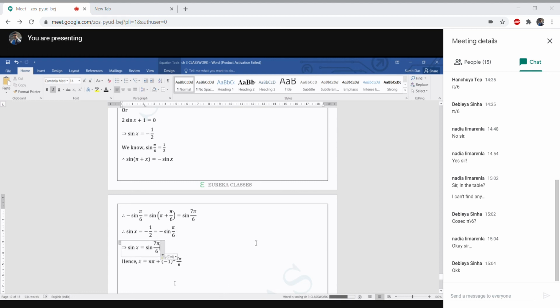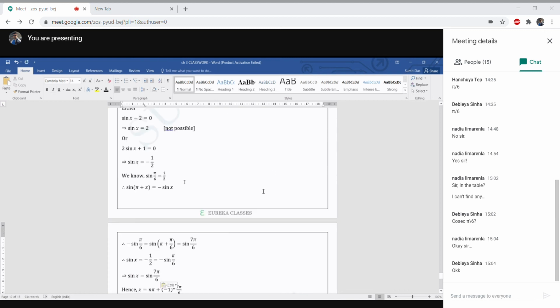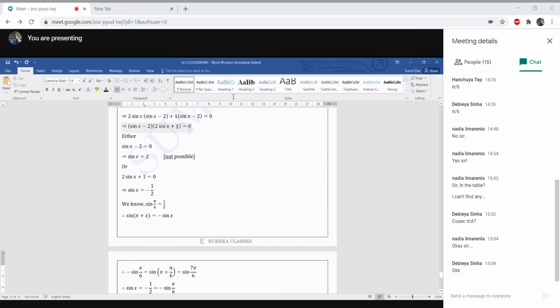Once again, check what we wrote. I hope up to this part everyone can solve. We found sine x equal to minus 1 by 2.